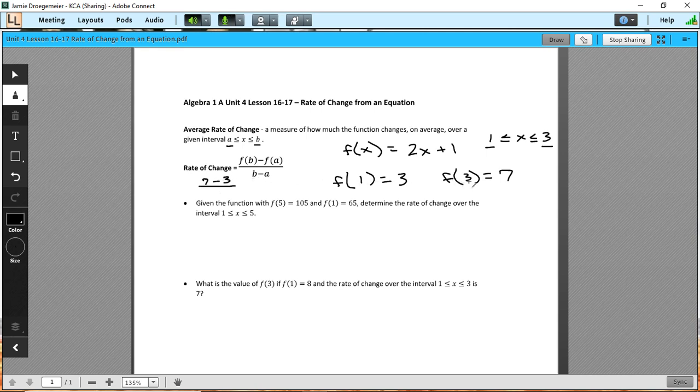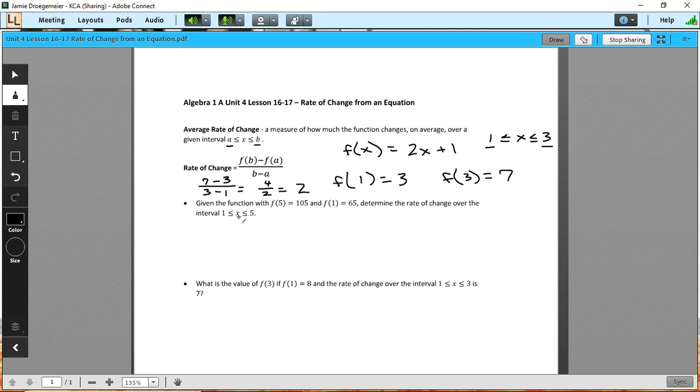B is 3. A is 1. So to find my rate of change, I've got 7 minus 3 in the numerator, which is 4, and 3 minus 1 in the denominator, which is 2. And so the rate of change, or slope in this case, for this particular function is 2.